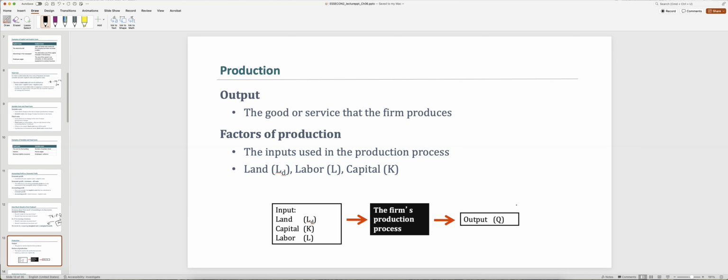And what we can see, when we look at this idea of the production process, is that we think of the production of anything as the combination of little things that become a bigger thing. The three big inputs for economists would be land, labor, and capital.